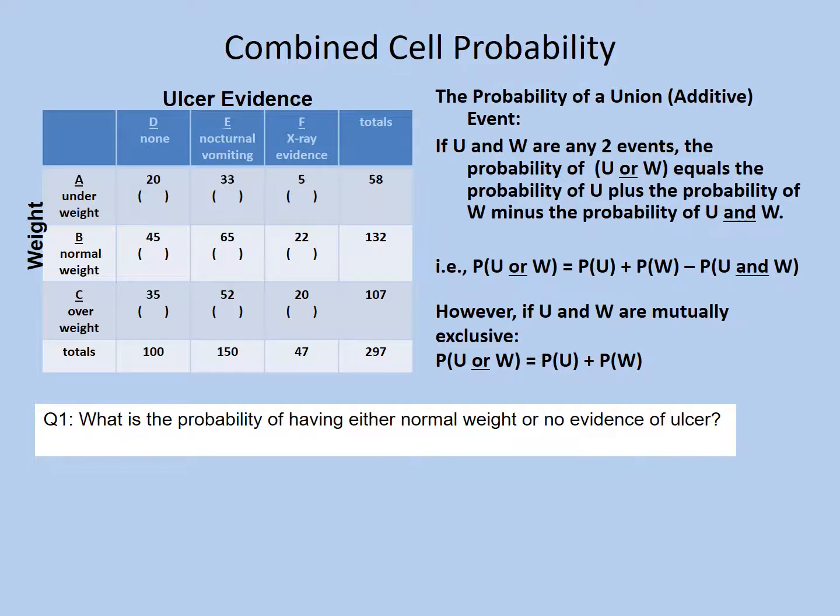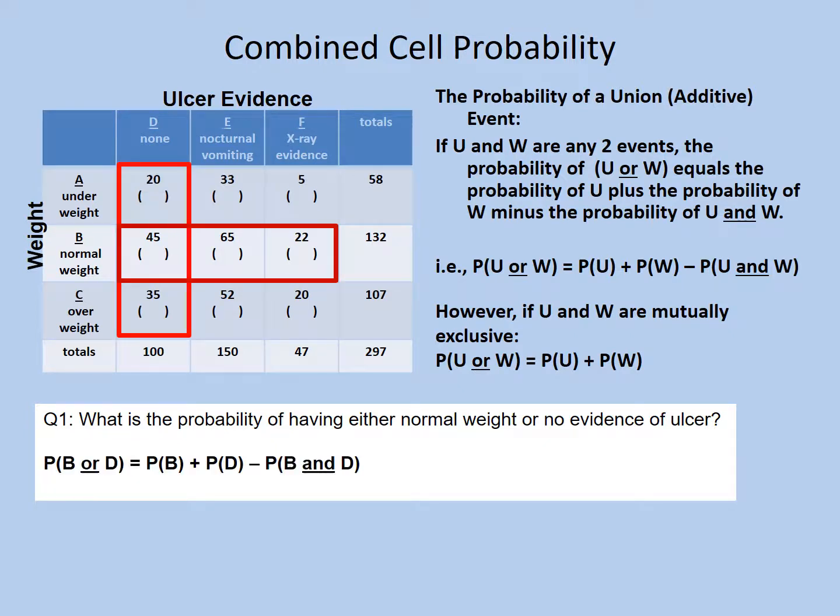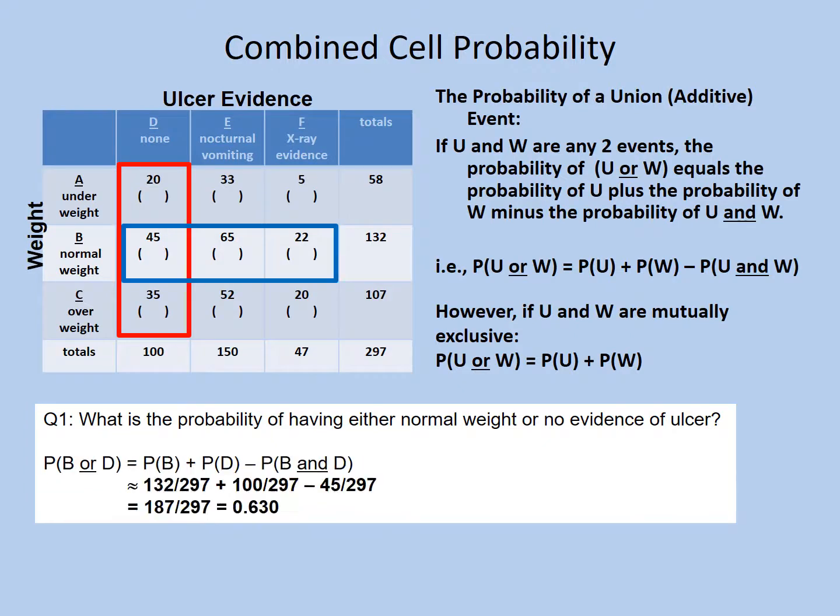Question 1. What is the probability of having either normal weight or no evidence of ulcer? Our answer is that we want to find the probability of B or D, which by our formula is equal to P of B plus P of D minus P of B and D. P of B is 132 over 297.